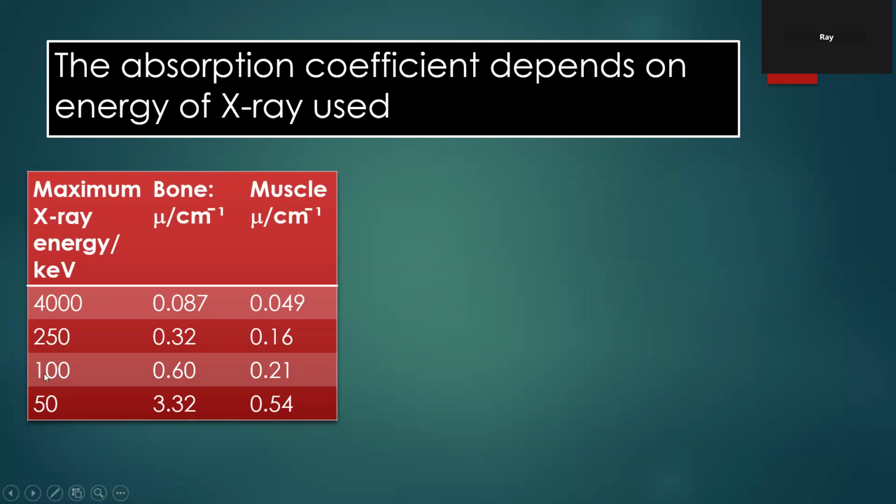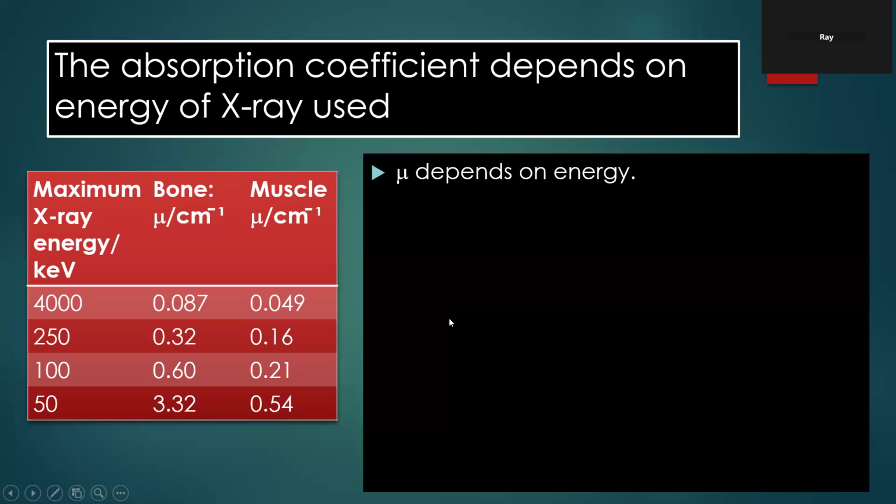But at 50 kilo electron volt for the X-ray, there's a lot of difference. This one doesn't change much, this one is about 6 times, and this is about double.